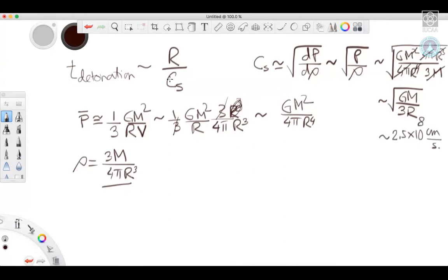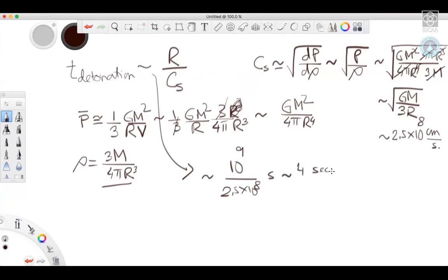And so the time of detonation will be equal to 10,000 kilometers, which in centimeters is 10 to the power 9, divided by 2.5 times 10 to the power 8, giving seconds. So that's about 4 seconds.